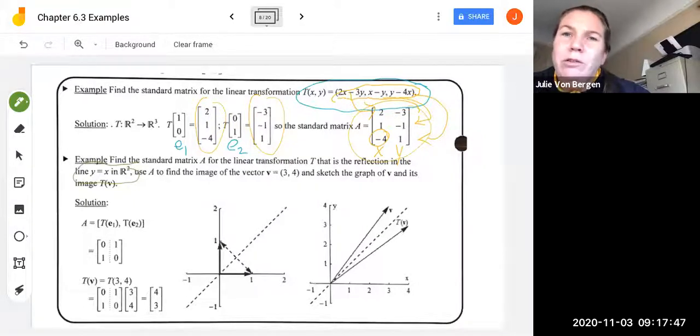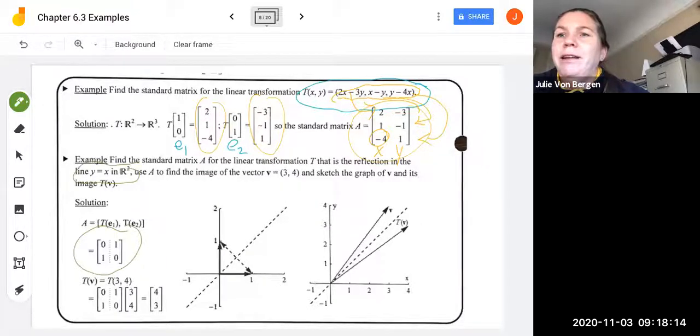Since this is a reflection about y equals x, we end up with a reflection of what we think of as the identity matrix. And so T of v equals T of 3, 4. If we take our reflection matrix 0, 1, 1, 0 and multiply that by the column vector 3, 4, we end up with 4, 3, which is just x and y flipped.